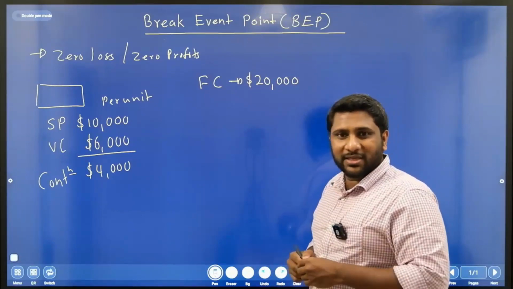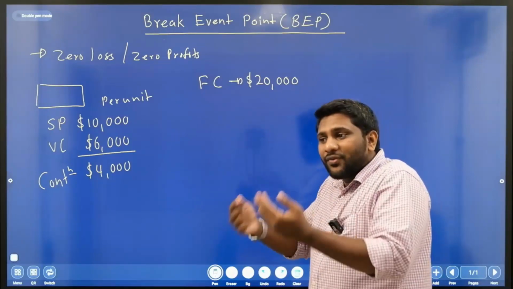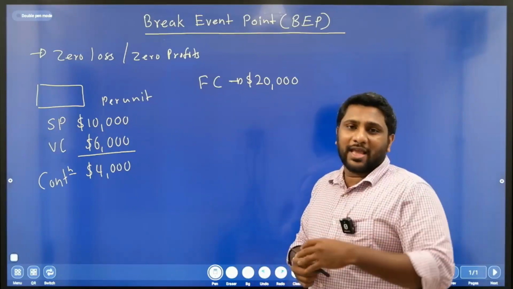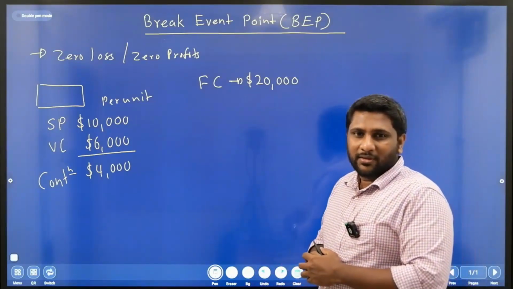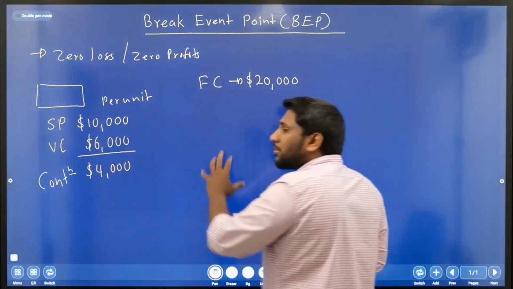Because when you are running a business, you have to cover all your fixed costs. After covering the fixed costs, if anything is remaining, then yes, owners can take it as their profits. So by selling these units, I first have to cover my fixed cost.